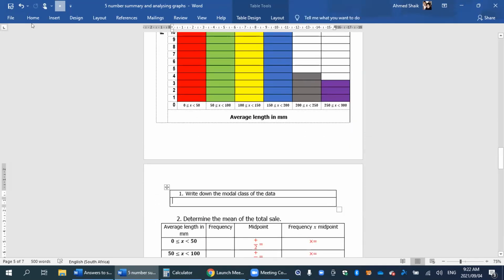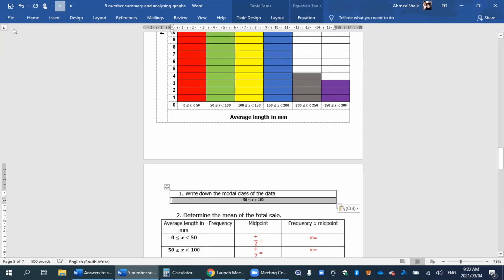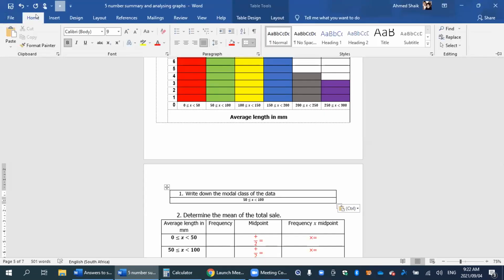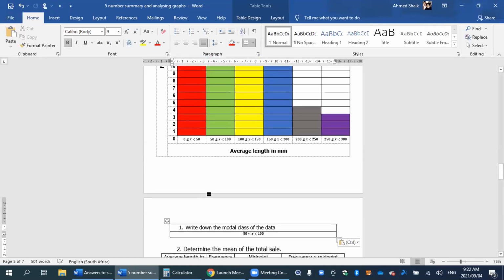So that tells us that the interval from 50 less than or equal to x less than 100 is the modal class of this data set.